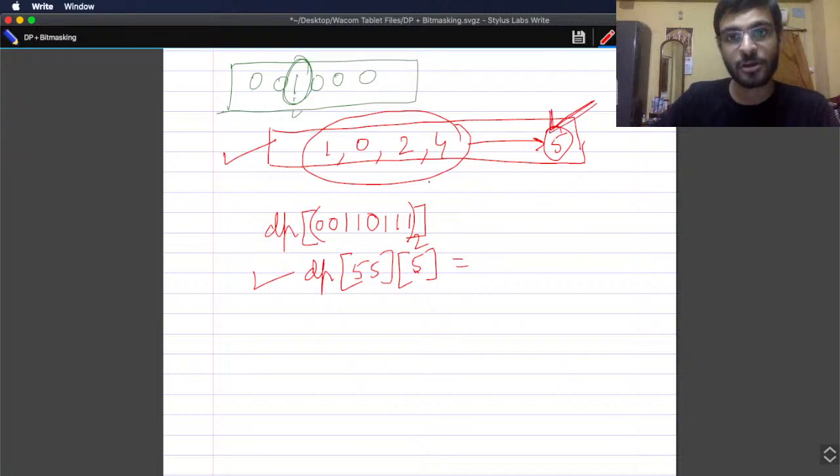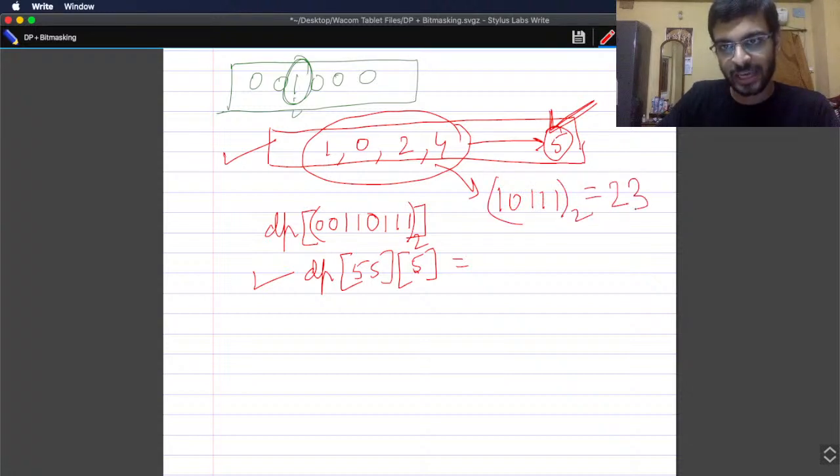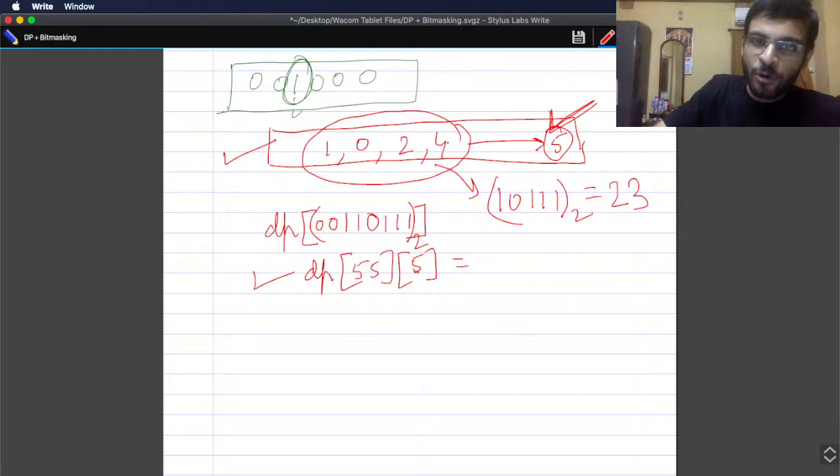So what I look for is, in the previous subset, which is nothing but 1 0 1 1 1, which is nothing but 23, is 23 possible which ends in 4, and 4 is connected?